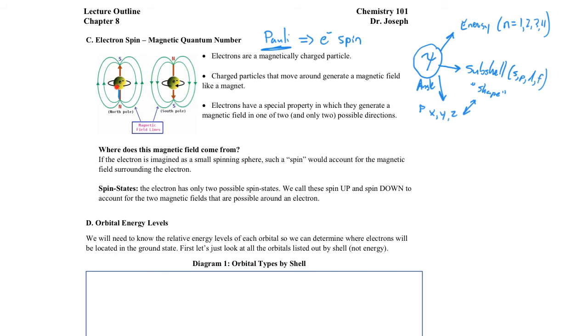When the electron has this spin, it generates a magnetic field around it. And only two spins are possible for an electron, either up spin or down spin.